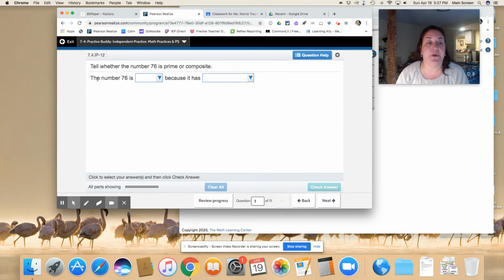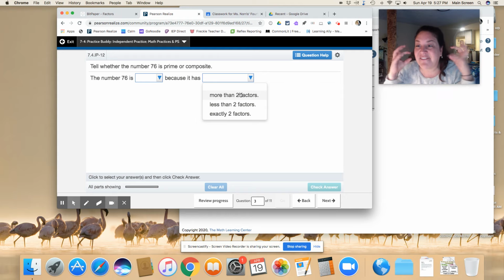Just looking through. Okay, the number 76, is it prime or composite? You have to figure that out. And it's going to repeat because it wants you to get that vocabulary in your brain. Does it have more than 2 factors, less than 2 factors, or exactly 2 factors?